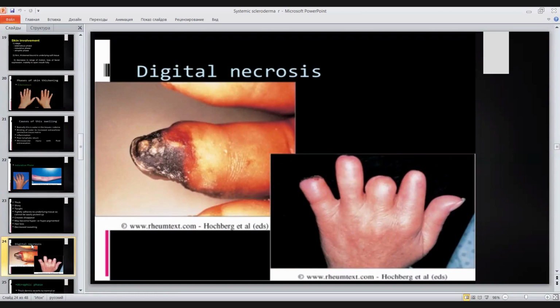And what happens with the patient's fingers? Mainly the distal part is affected. There will be dry gangrene, and look here, this patient's hands, they happened to be cut. They got cut by themselves without surgical cutting.